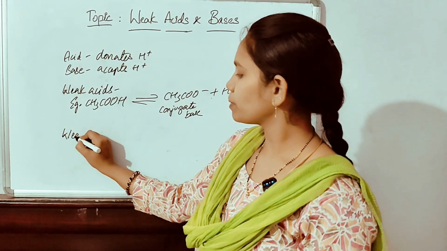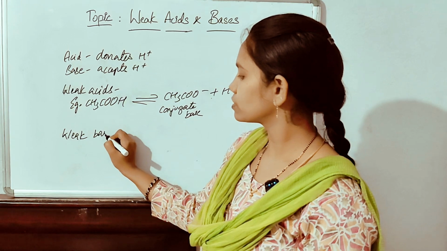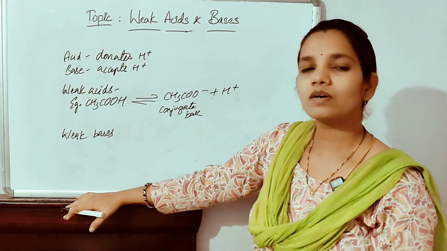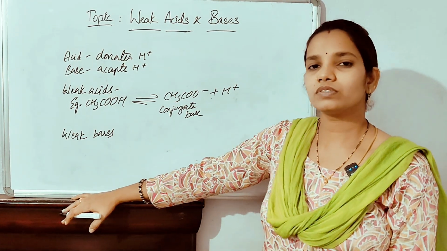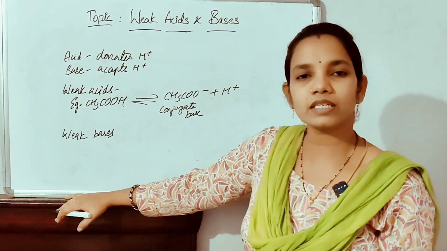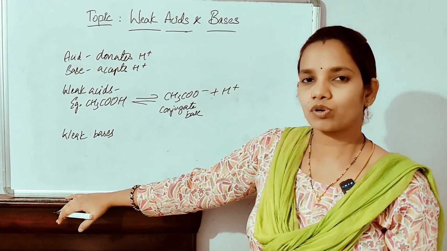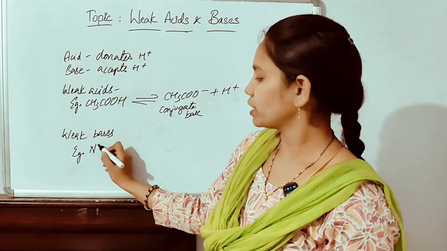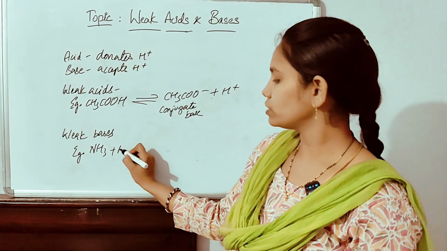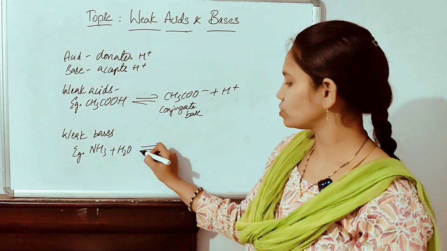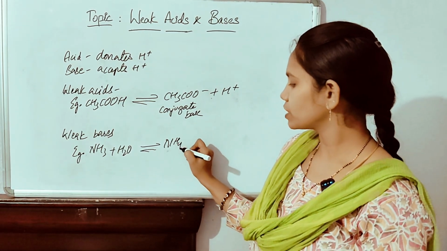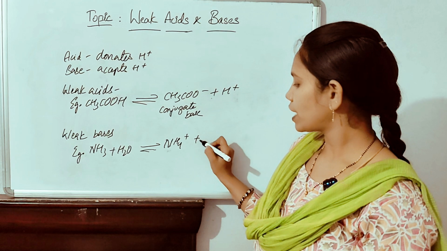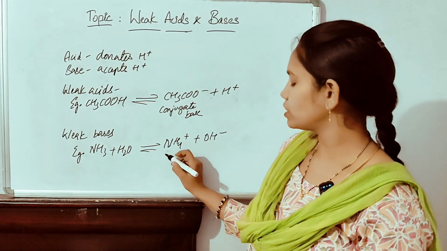Next, weak bases. Weak bases are the ones that do not produce hydroxyl ions completely or do not accept protons completely. Example, ammonia. When it reacts with water, it dissociates into ammonium ion and hydroxyl ion.